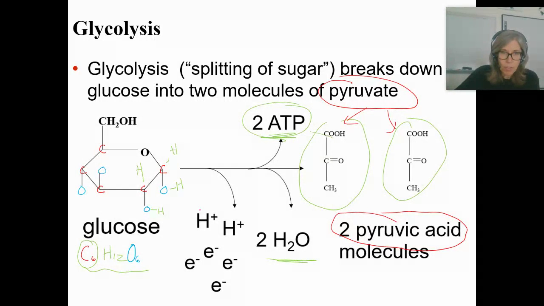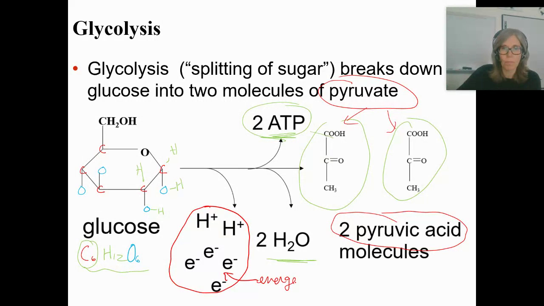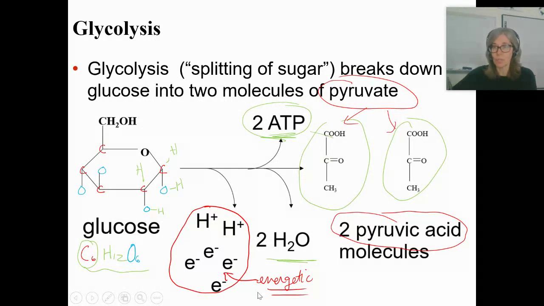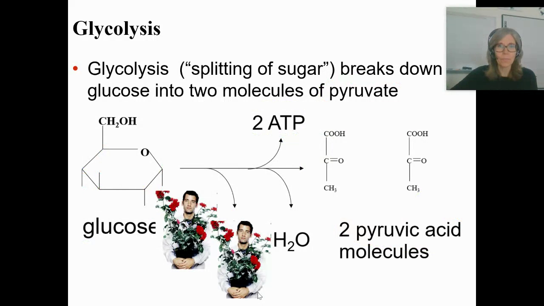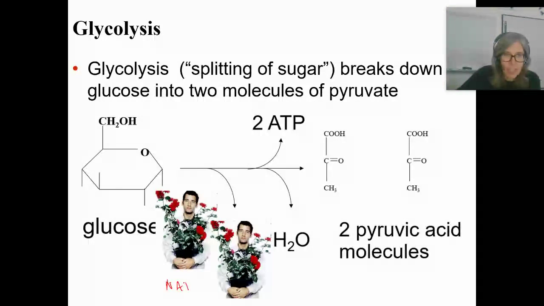Meanwhile, another thing that you've done is ripped off some hydrogens and some electrons too. And you might remember those electrons are energetic. And so what happens to those is going to be key. So we're going to talk about that. Oh my God, look at that. I just gave it away. I guess I thought I was going to do that a little bit later. Those electrons end up being carried by our good friend here, NADH.